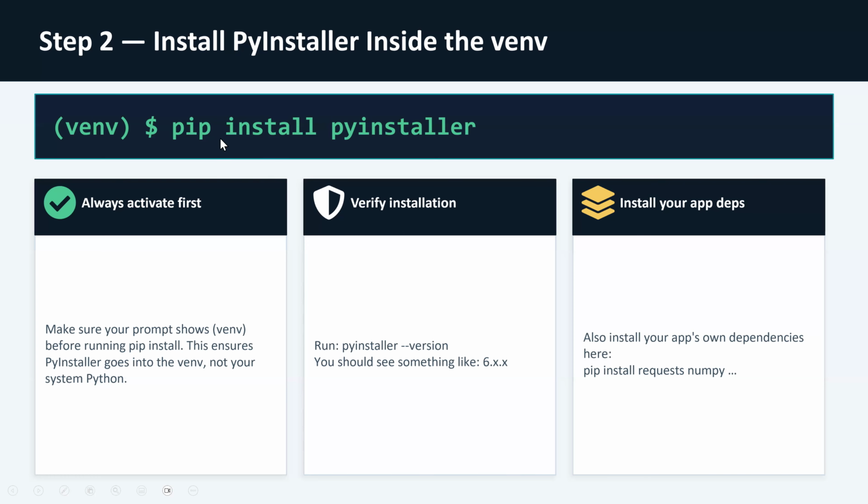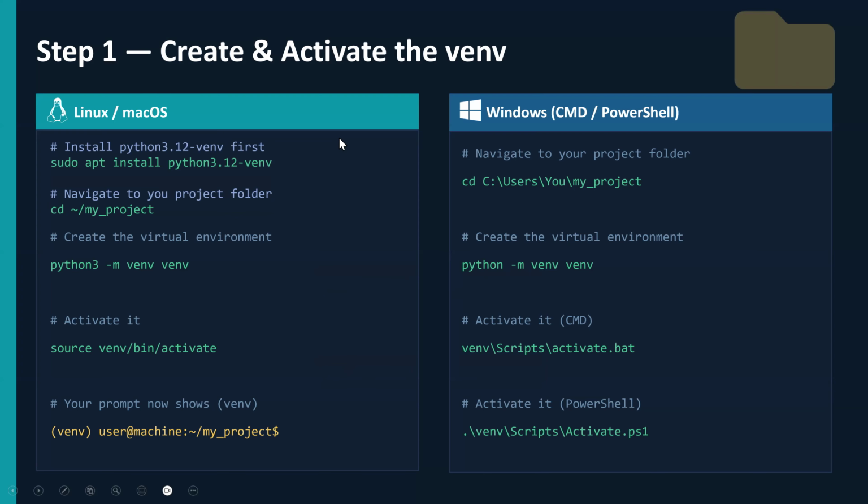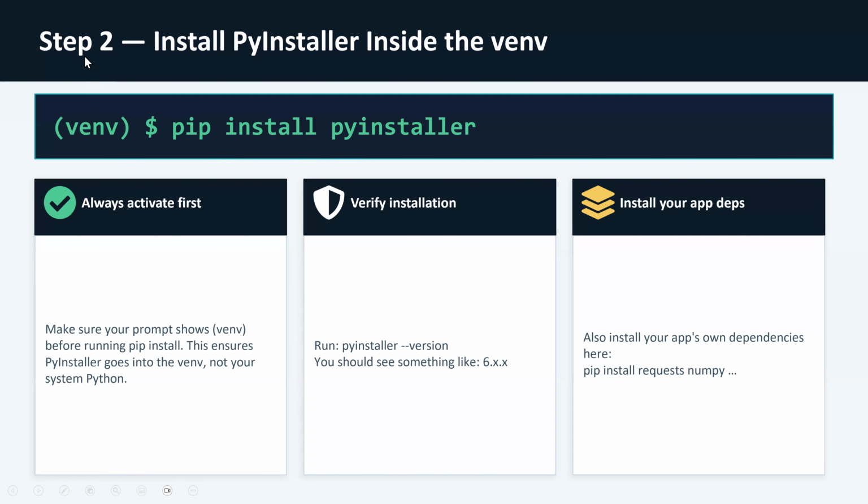And then at this time, you go to the next level, which is step 2, and install PyInstaller inside the virtual environment. This is important. You don't do it on your system level. You create a virtual environment, then you activate the virtual environment, then you install PyInstaller inside the virtual environment that you just created.